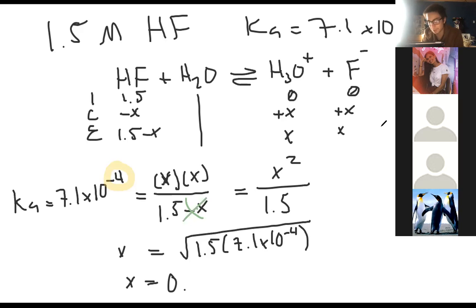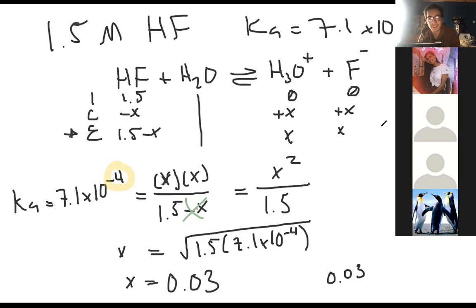So 0.03 is our value for x. We're going to plug that into our E portion of equilibrium. So our final concentration of our H3O+ is 0.03.